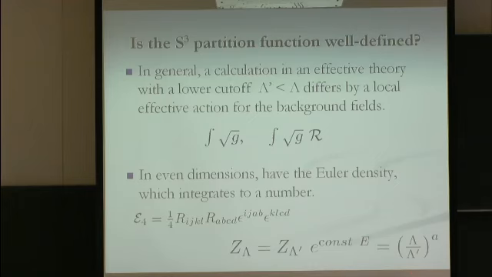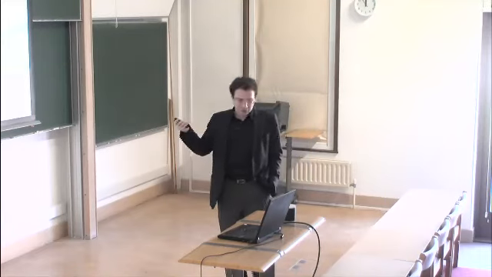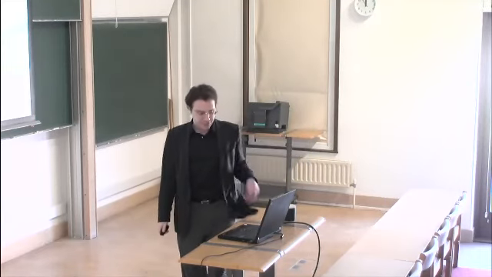So I get some ratio of the two cutoff scales to some power, coming from this constant, and also this number, which for the sphere is non-zero, and in fact calculates this thing A. So this is the fact that in even dimensions, you get logarithmic divergences.